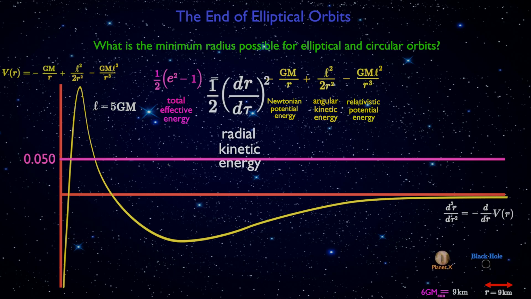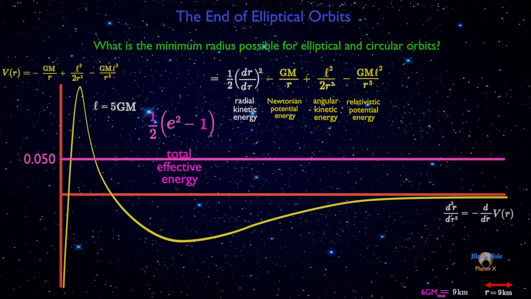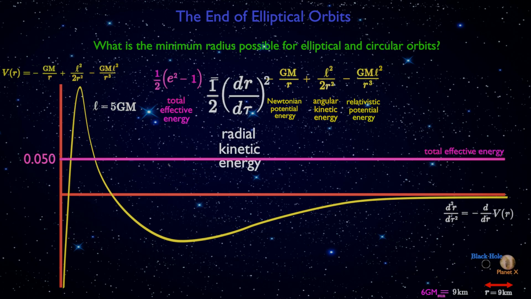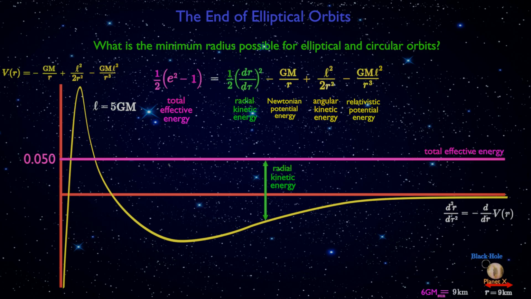Now the radial kinetic energy, when added to V(r), makes up the total effective energy, and so the radial kinetic energy is the difference between the two, as pictured on the graph. For this energy value, we see that the orbiting planet, let's call it planet X, falls inward faster and faster until a certain maximum.